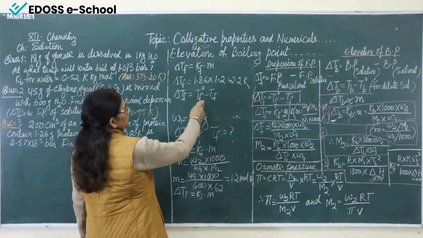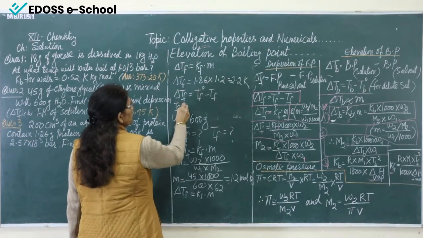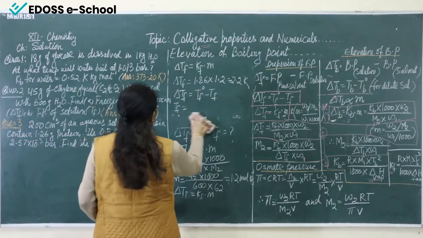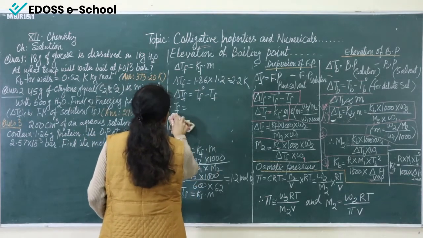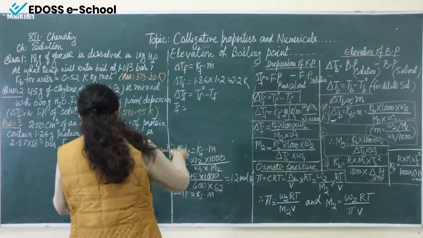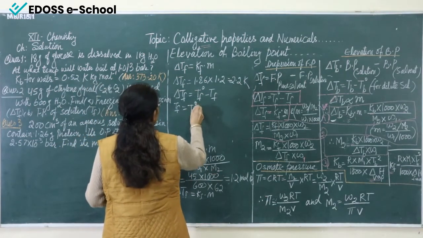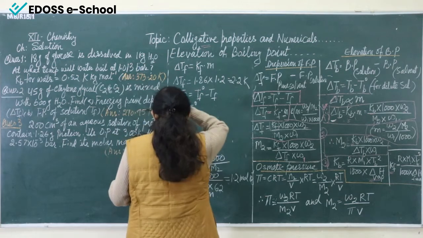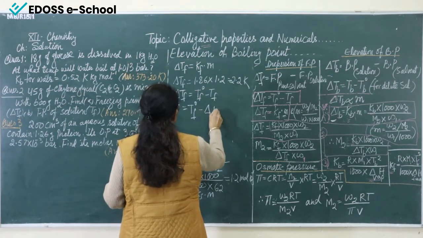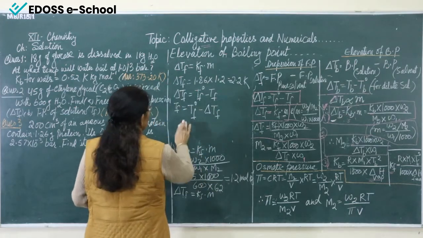So Tf will be equal to T naught f minus delta Tf.